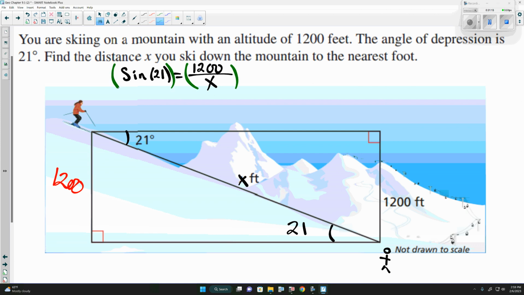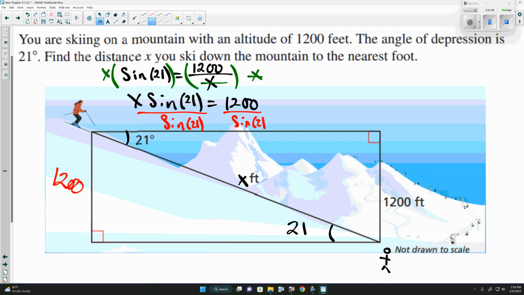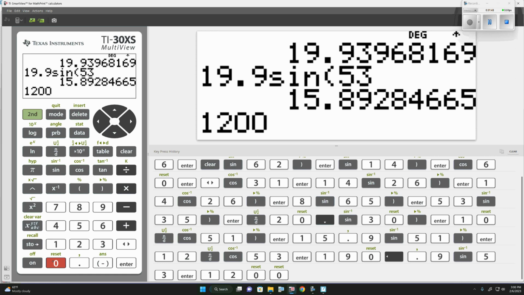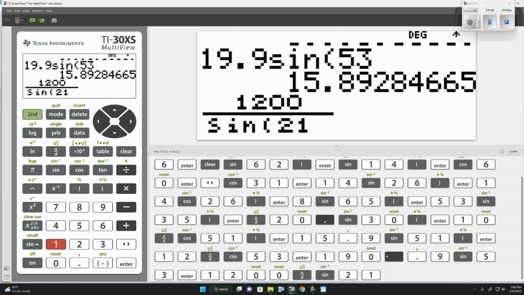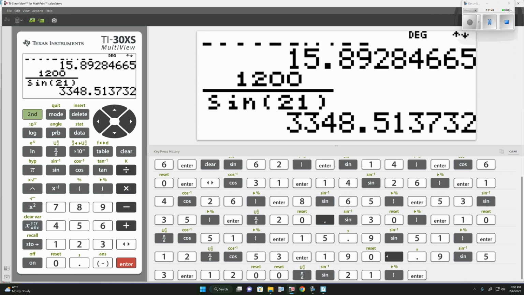Now to solve, the first thing we would need to do is multiply both sides by x so that these will cancel. Sine of 21 times x is equal to 1,200. Then we would divide by sine of 21. That gives 3348.5.